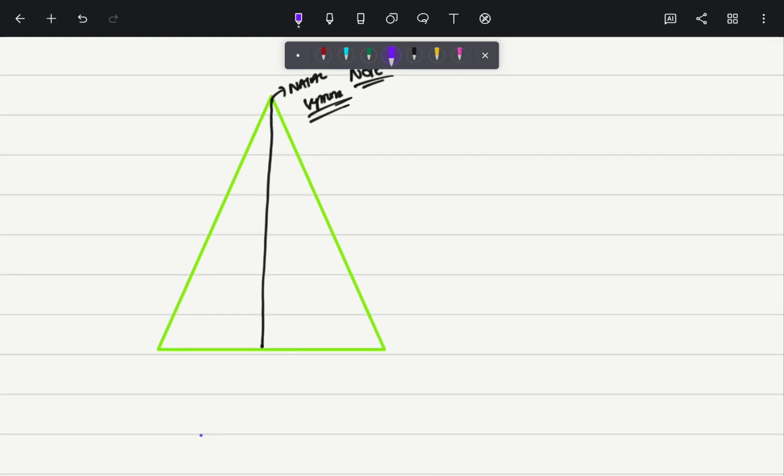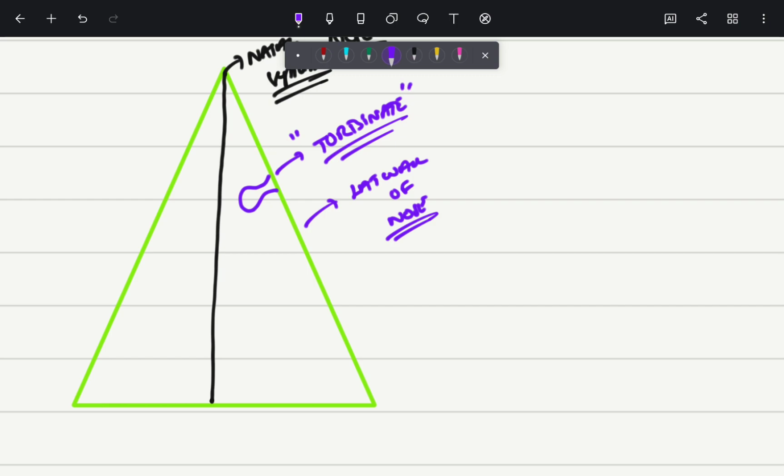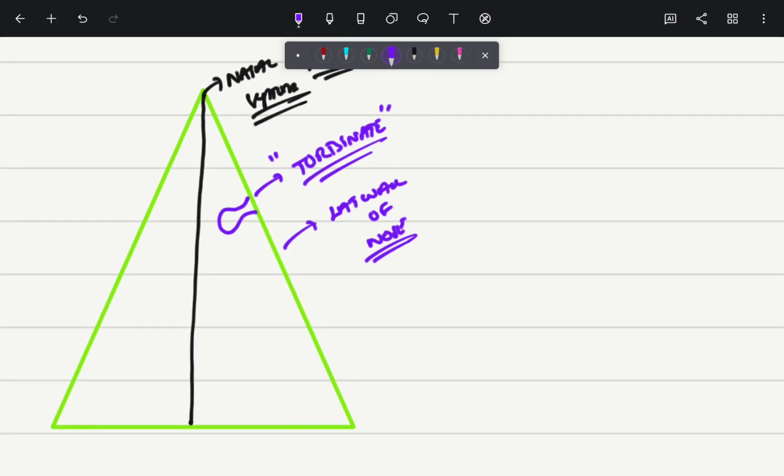As you can see here, there is the lateral wall of the nose, and the extensions of this lateral wall of the nose are called your turbinates. So what is meant by turbinate?